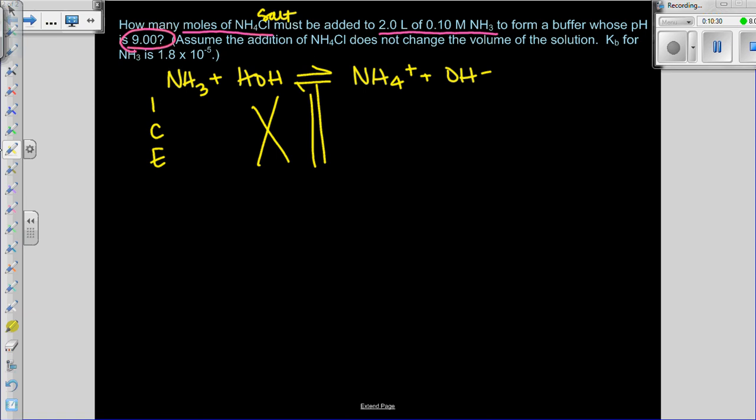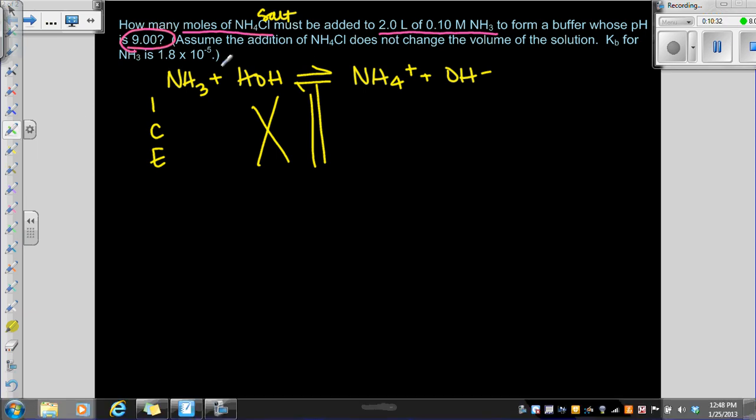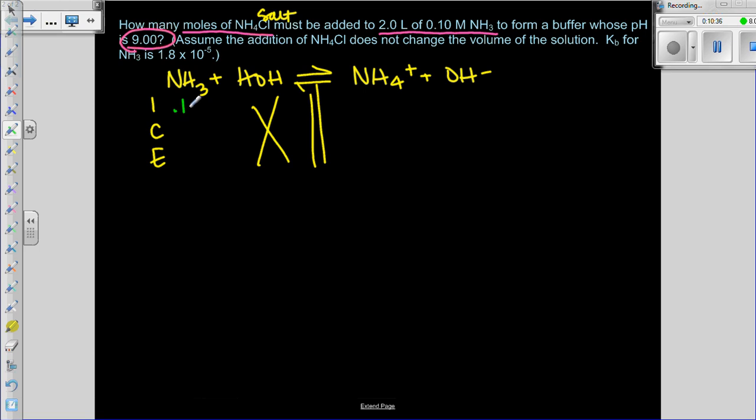So I want to fill in what I know. I know both of these are included in this 2 liters, so under ammonia I can just say 0.10 molar. I don't know what ammonium is, that's my X, and initially I have no hydroxide. Now, I can do this like I did it before. So let me show you the setup for that, because I want to show you a different way to solve.